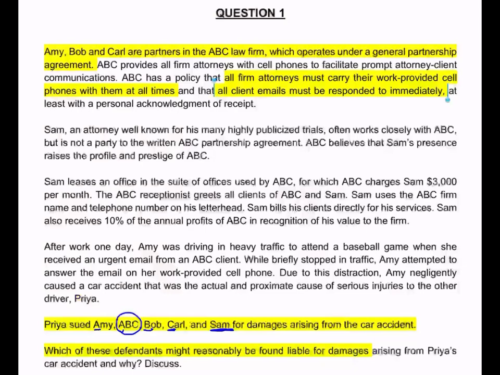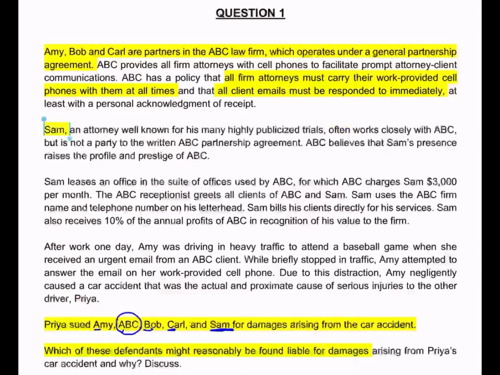ABC has a policy that all firm attorneys must carry their work-provided cell phones with them at all times, and that all client emails must be responded to immediately, at least with a personal acknowledgement of receipt. What do those facts go to? Somehow that cell phone policy has to be at the heart of what caused this accident. So I'm expecting to see that coming up.